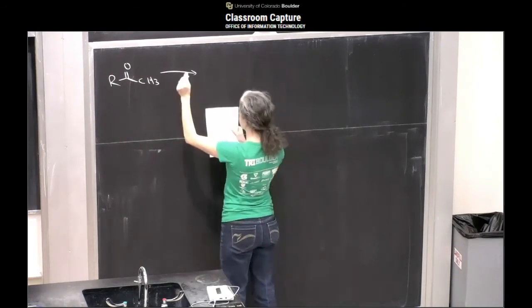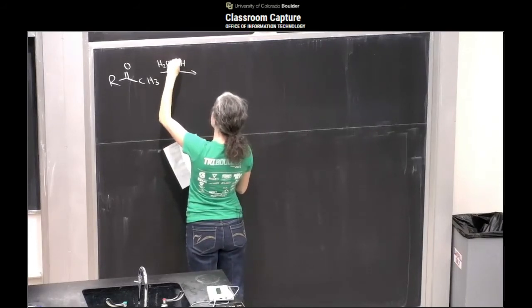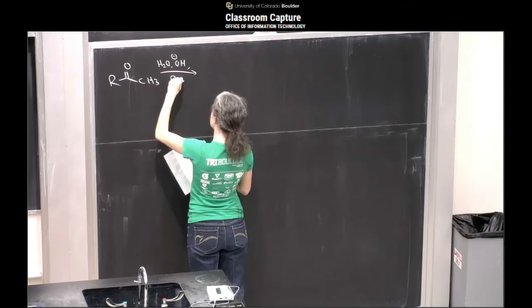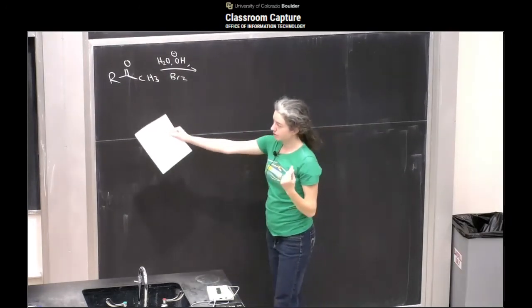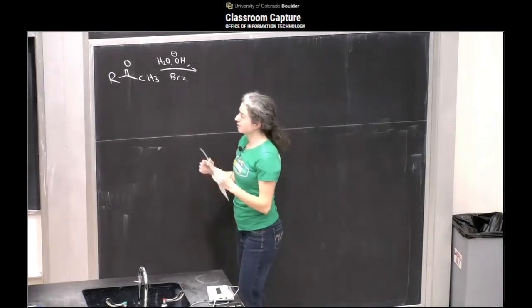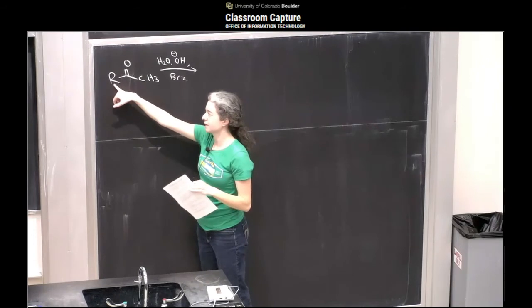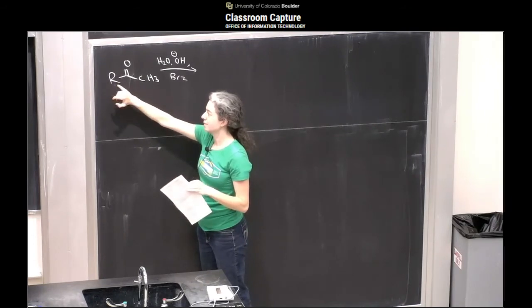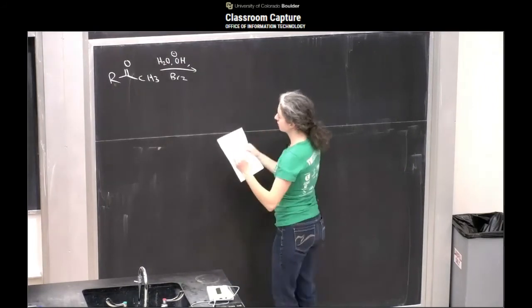We hit this with water, base, and Br2. It's going to go through this mechanism 3 times in a row. It might also do it for this R group out here, but because I'm leaving vague exactly what this is, let's not pay too much attention to what's happening out here. Let's focus just on the methyl group for now.